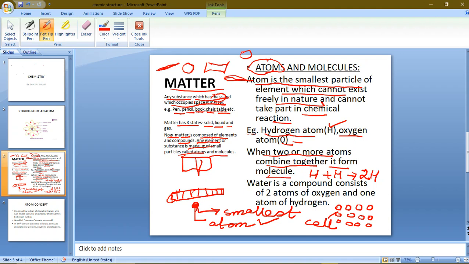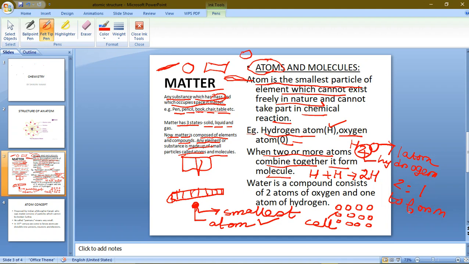This is regarding the element. Now let's see the compound water, H2O. The H2O consists of two atoms of hydrogen and one atom of oxygen, and they combine in the ratio 2:1 to form water.